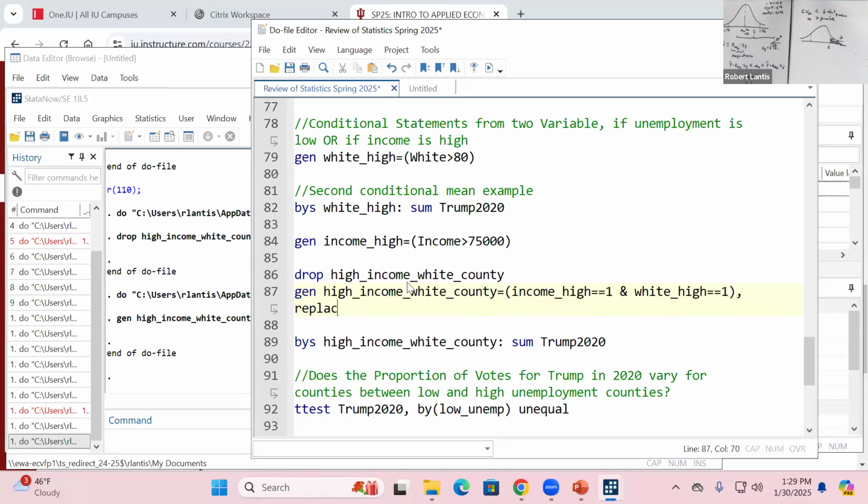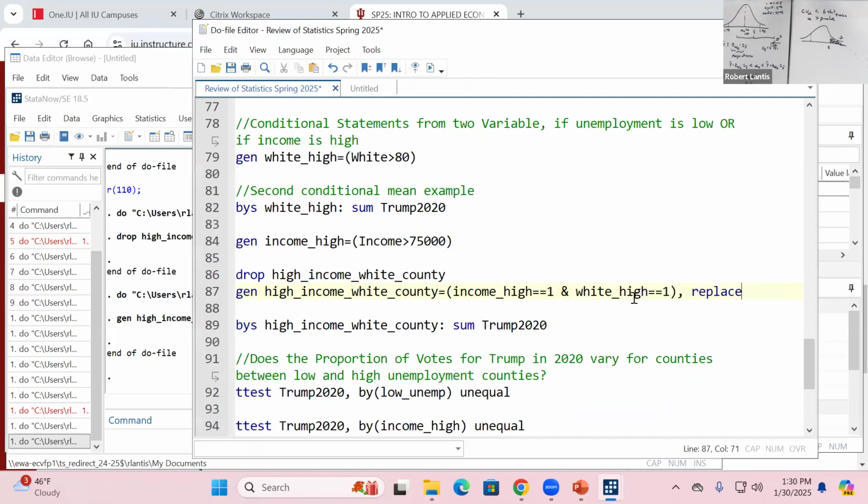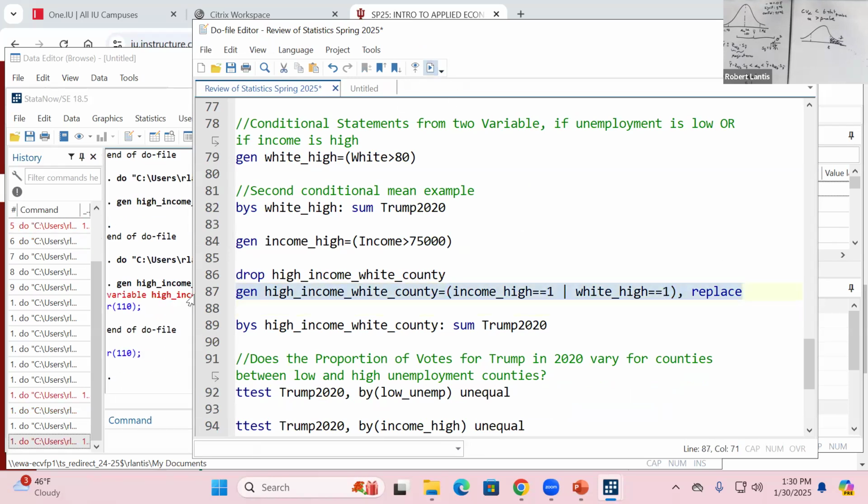When you use this gen command, you can also add on, comma replace. And then if you ever want to make any edits, so let's say maybe instead I want this to be if this is true or this is true. If it either has high white population or high income, if I put this comma replace command in there, it'll essentially drop it and then recreate it.